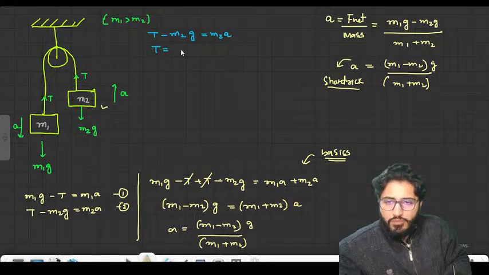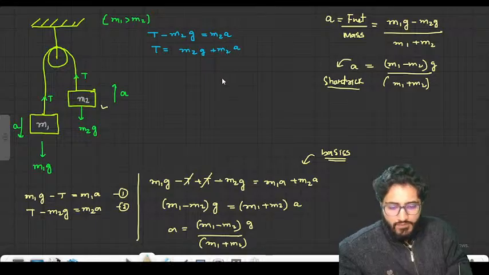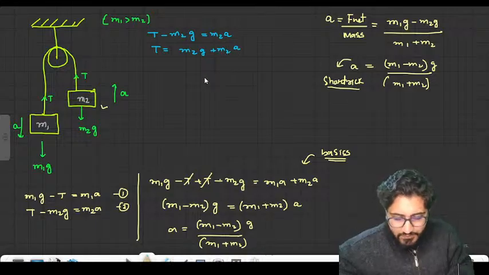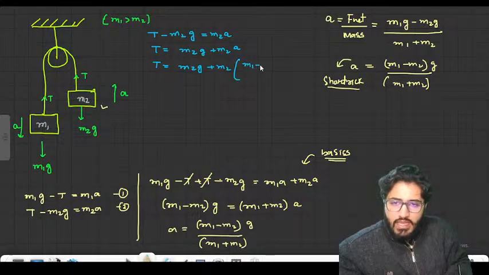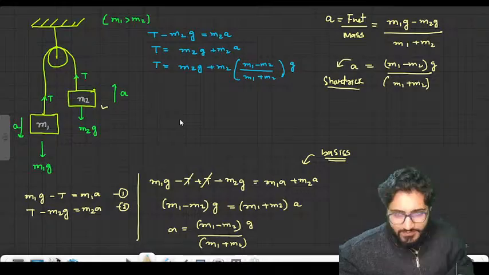So tension came out to be m2g plus m2a. Now look, tension equals m2g plus m2 into a. What is a? a equals (m1 minus m2) divided by (m1 plus m2) into g.